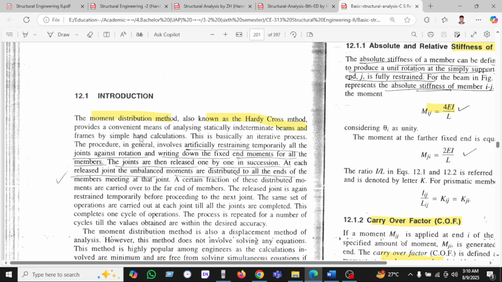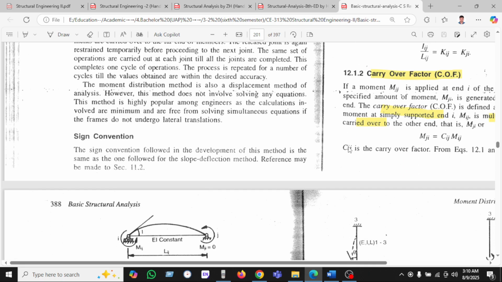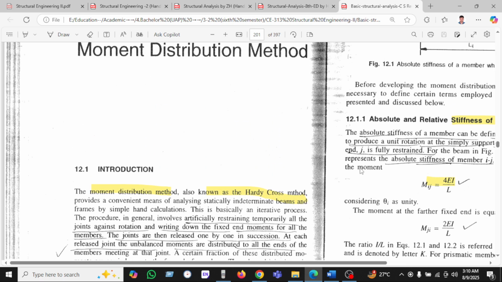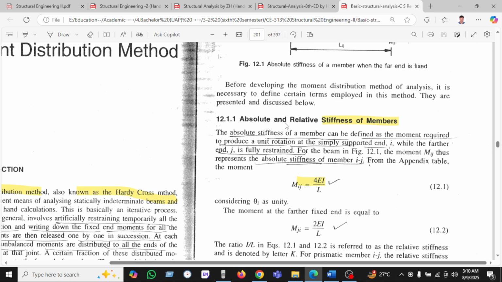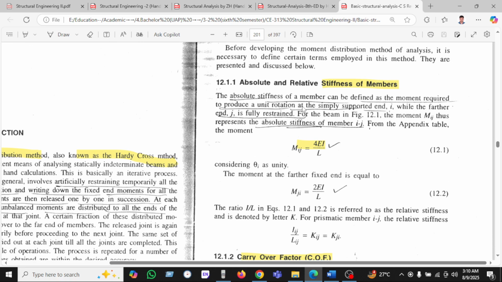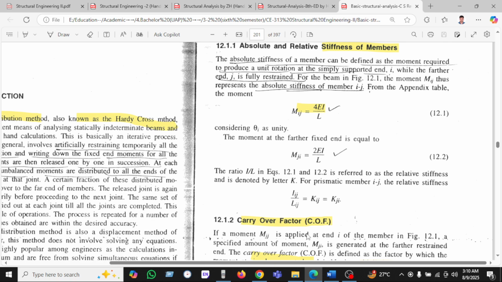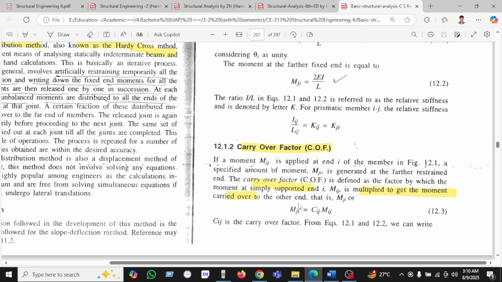It provides a convenient way of analyzing statically indeterminate beams and frames. Sign convention as usual. We know the absolute and relative stiffness of members, as we know, EI by L, from the appendix table. For the moment, the far end, it equals 2EI by L and so on.